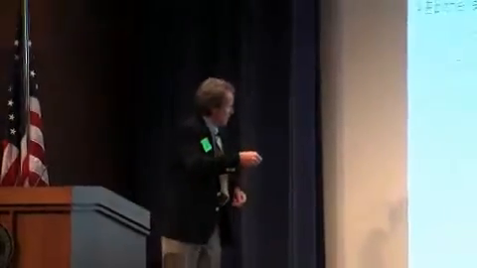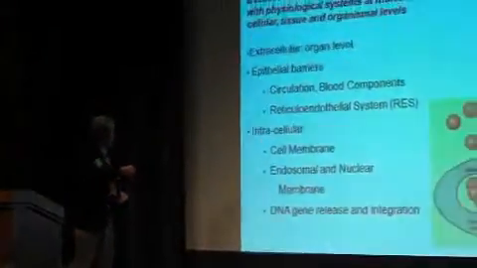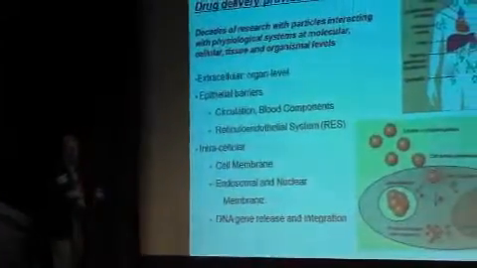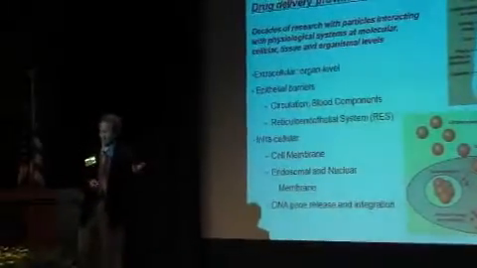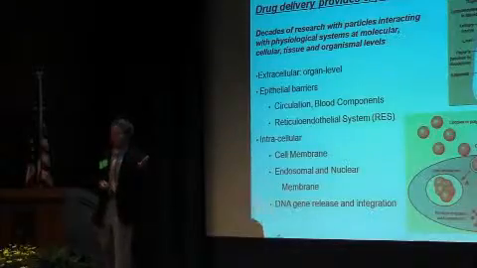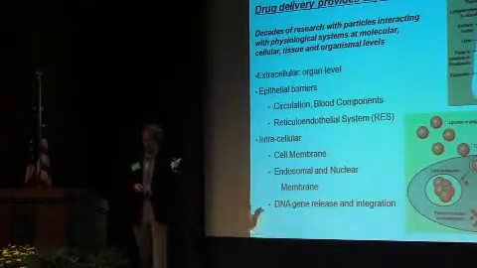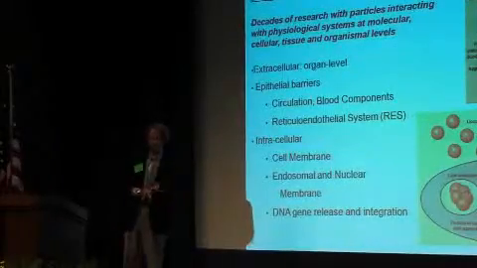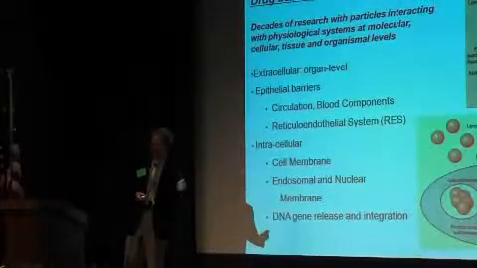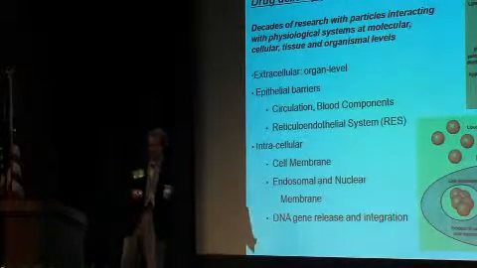We have this curious system called the reticuloendothelial system, which comprises the liver, the spleen, the kidney, and in some cases the lungs and the bone marrow. These organs are the preferred destination for almost every particle that we inject or inhale deliberately into the human body.